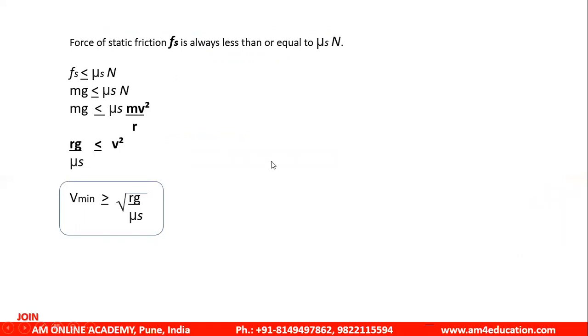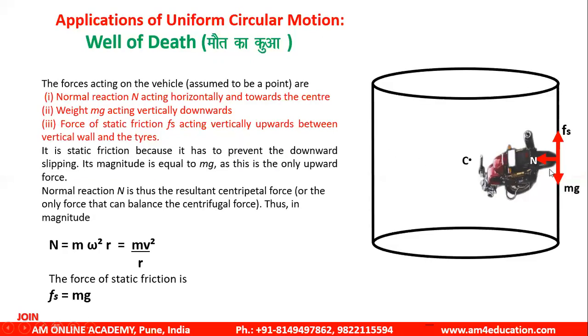Now, in this case, the vehicle should have a minimum limiting speed. If it goes below that speed, the vehicle will not move in the horizontal path. It will fall down.